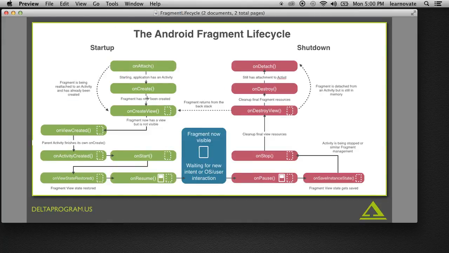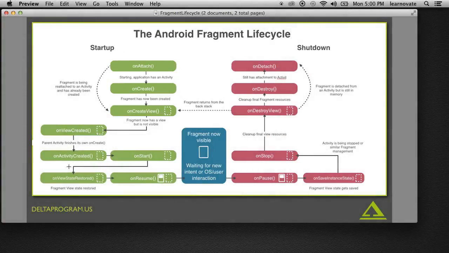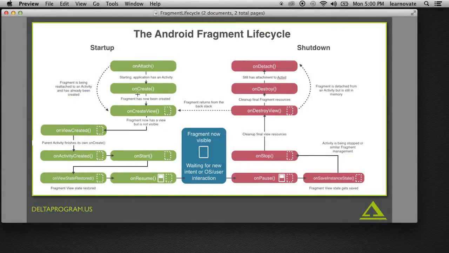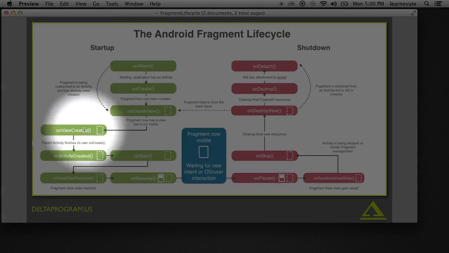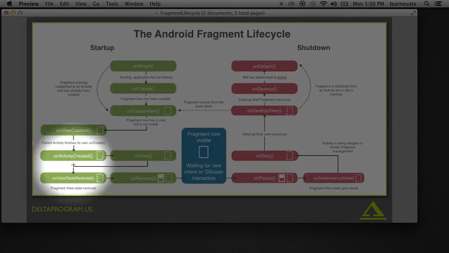When you're coding, you're really going to want to stick to a certain pattern. You're going to want to stick to onAttach, onActivityCreated, and then onResume. These other particular methods are really for very special cases where you know the particular timing of them is important. I like to set up my views in onCreateView and then further refine them in onActivityCreated.